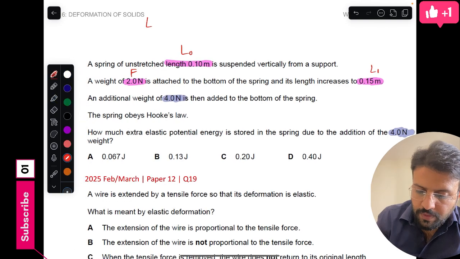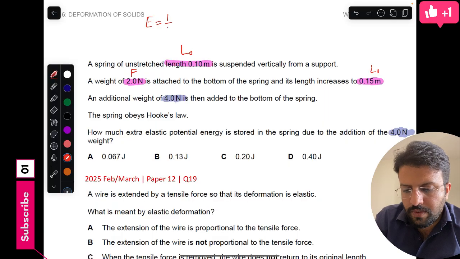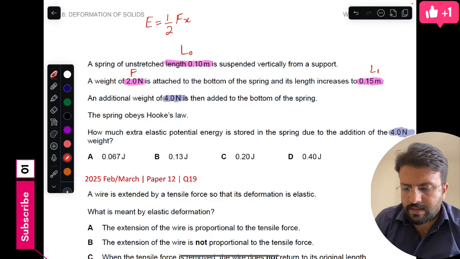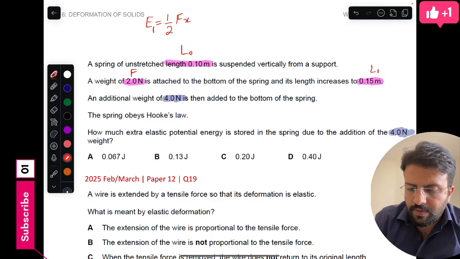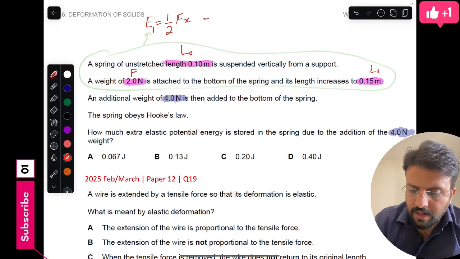What we know is that elastic energy is equal to 1 by 2 F into X, or you can say 1 by 2 kx square. You can solve it by both methods. I will prefer F into X because we have F and we have X as well. Let's call this condition the first case. I'm finding the elastic energy for this.